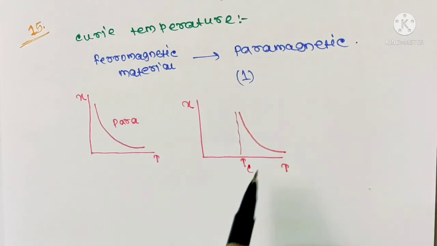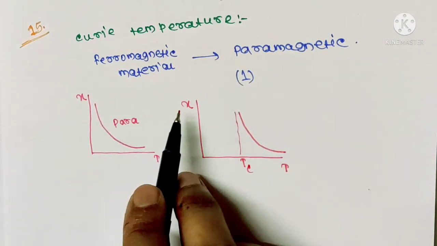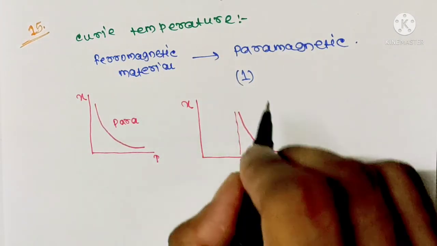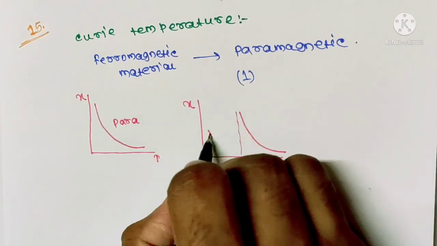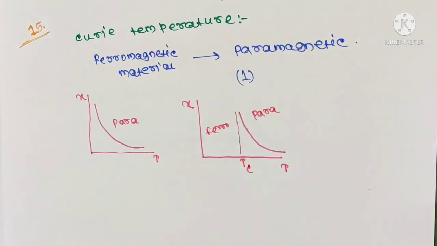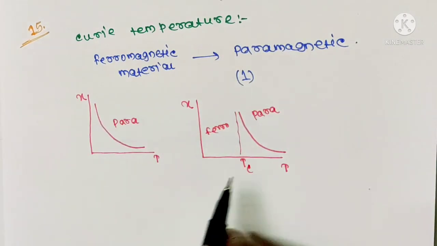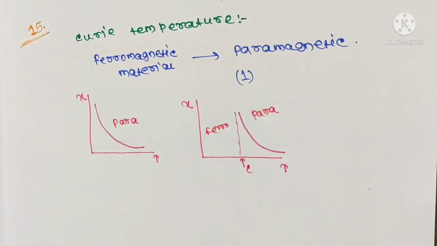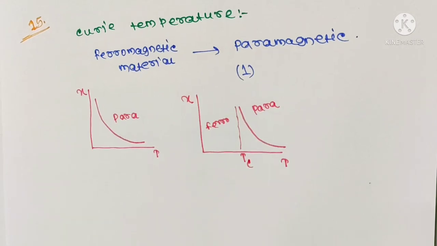This represents the variation of susceptibility with temperature for a ferromagnetic material. This is the ferromagnetic state, this is the paramagnetic state. After Curie temperature, the ferromagnetic becomes paramagnetic. Similarly, you should remember the susceptibility variation graph for antiferromagnetic and diamagnetic.